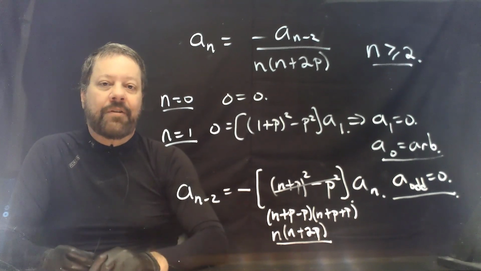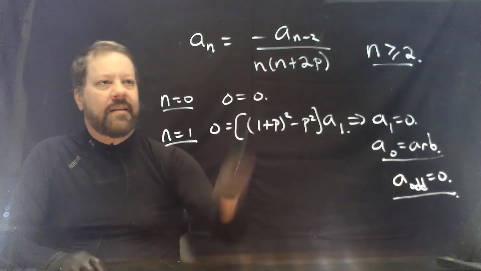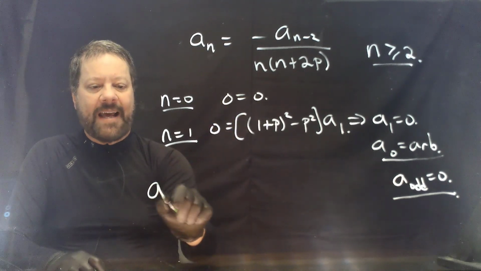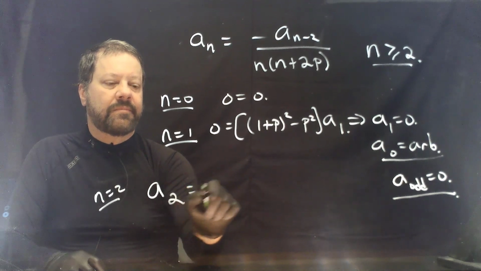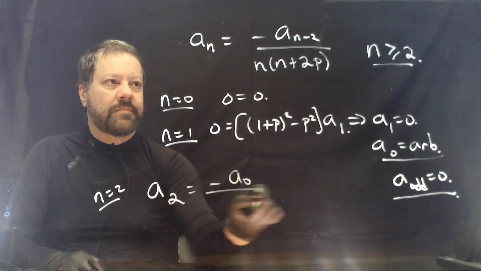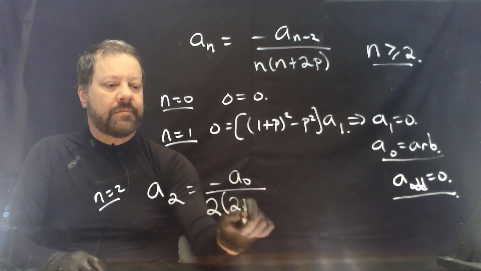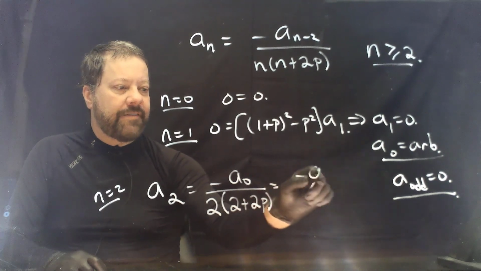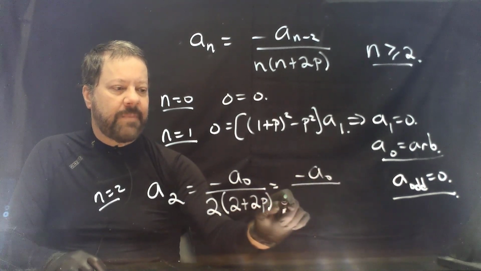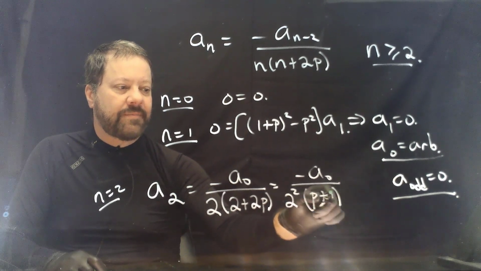Only the even coefficients will survive. So now let's look at what happens, say, with n equals 2. We'll have negative a0 divided by 2 squared times p plus 1.